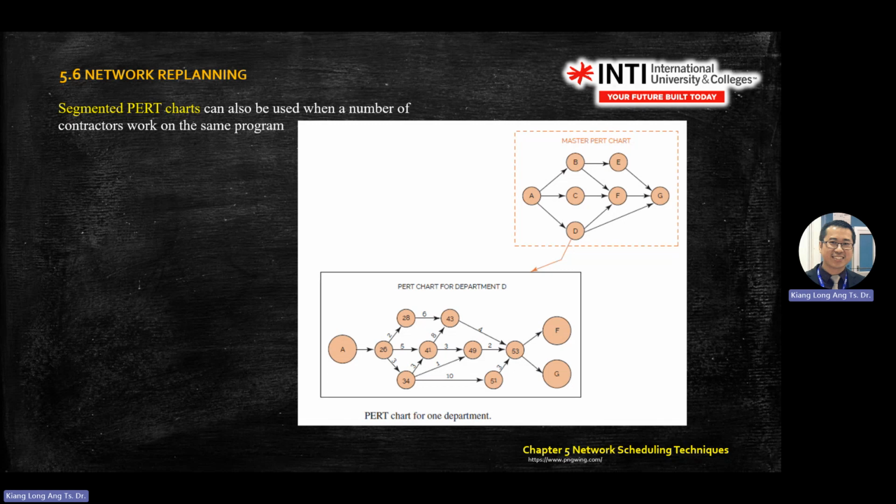For example, this is the overall master chart, the one that you've seen in the previous exercise. But within the department itself, it can break into another chart. So when we take the process D here and expand it, it will become another new chart. So this one is called segmented chart.